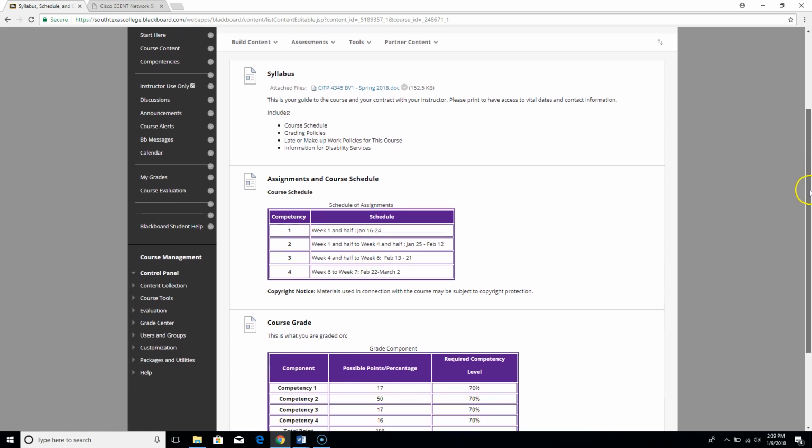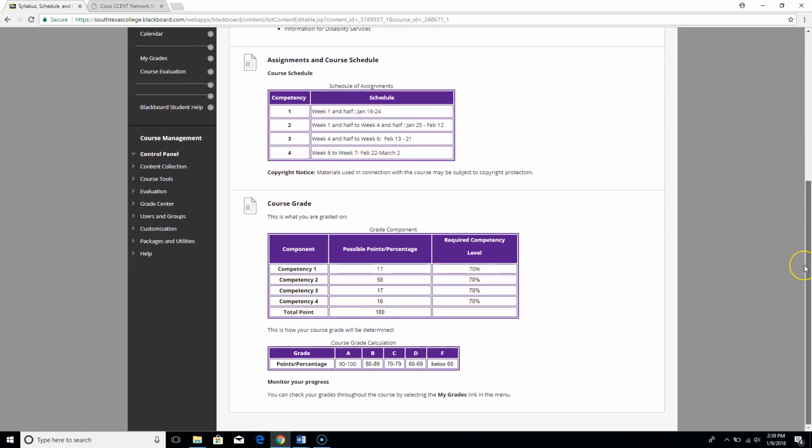How the grading criteria works here: the grading criteria is broken down into several components. The first one is competency 1, whose possible point is 17. Competency 2 is 50. Competency 3 is 17. And competency 4 is 16.